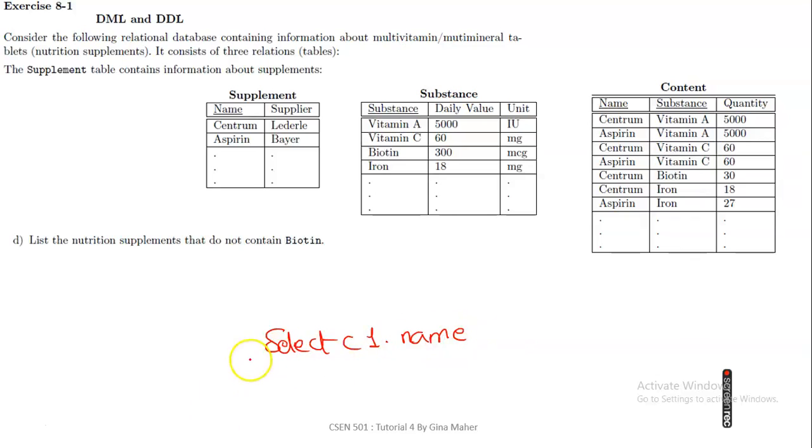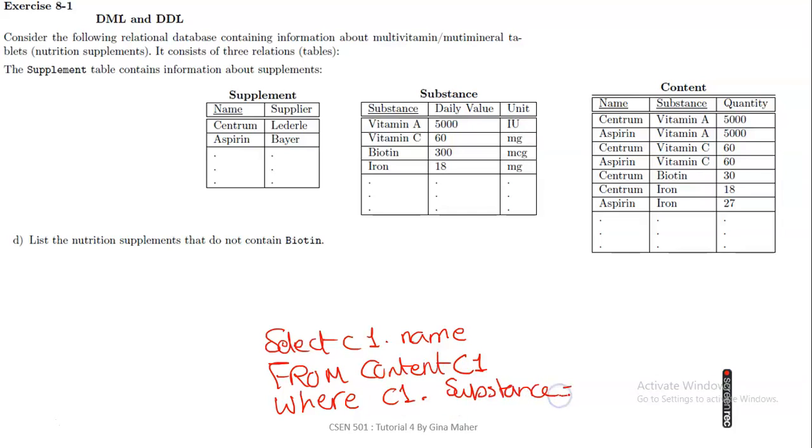So select C.name from content C1 where C1.substance equals biotin. Now we want to get all names and check if this name is found in this one, then it will not be returned. If not, it will be returned.